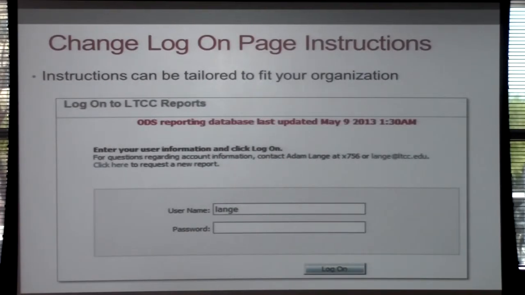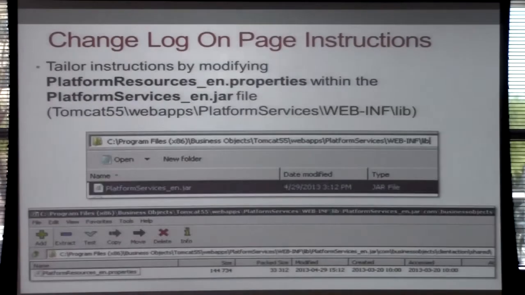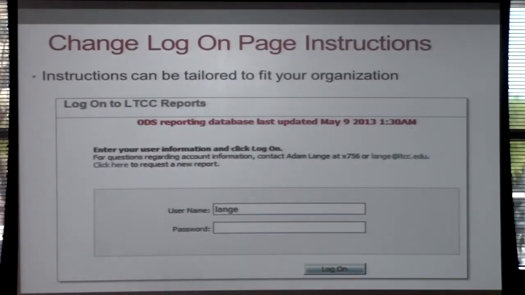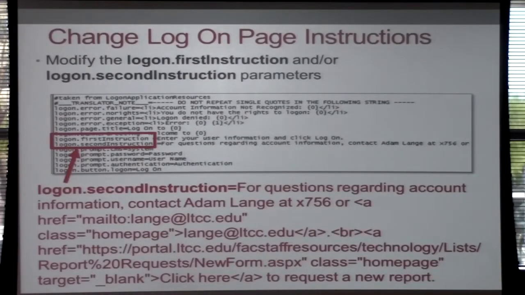So what I did was I left the first instruction parameter as is. But then on the second instruction parameter, I entered this text, which is a combination of just straight text plus some HTML to get like the hyperlinks and things like that. So what you see here, those two lines, is created by this text that's in red.